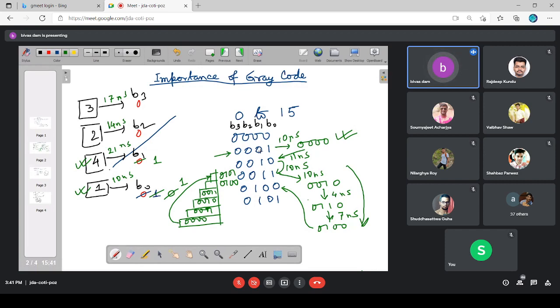And the problem is more here when you are going from 3 degrees centigrade to 4 degrees centigrade. For 4 nanoseconds, you are having 2 degree. Then for the next 7 nanoseconds, you are having 6 degrees centigrade. And then you are getting your 4 degrees centigrade. Okay.